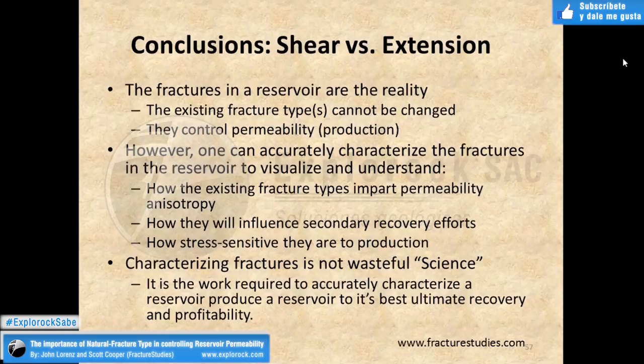So you have cores. We recommend that you take the cores and image logs and try to correlate the core fractures to the image log fractures, because that will make your image log fractures much more valuable. Much more complete.